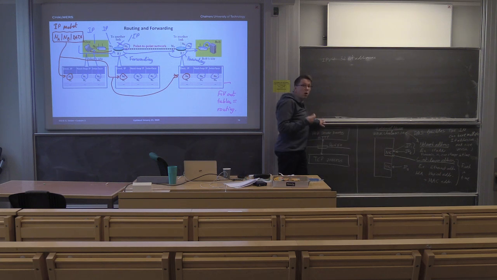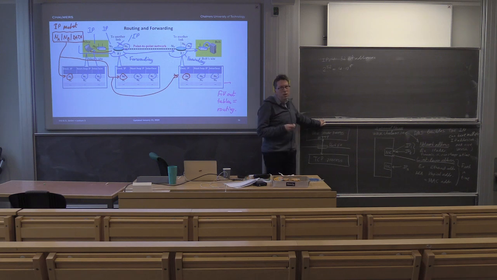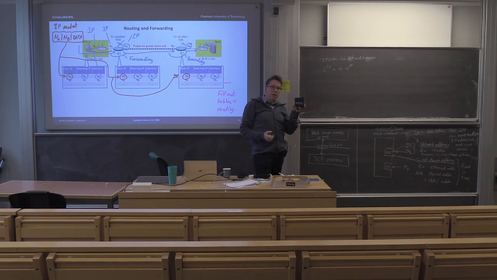How large would the table be then? How many rows? 2 to the 32. Yeah, 2 to the 32, which I believe is about 4 million entries. I mean, it's sort of doable, but do you really want to have that in every device? So no, you don't have that.